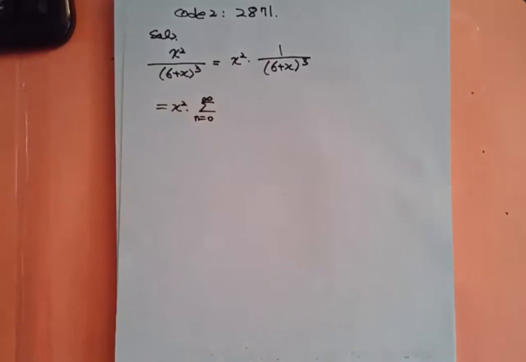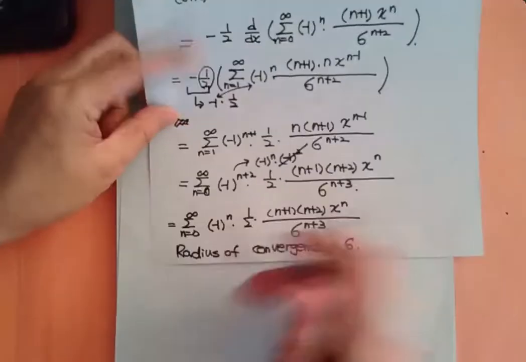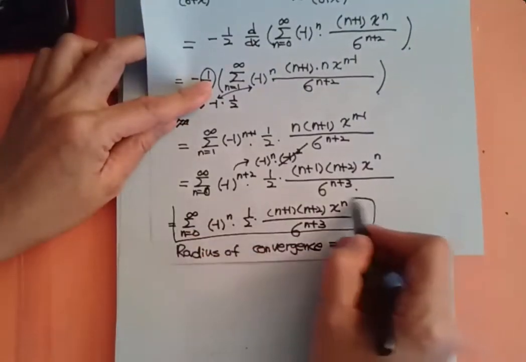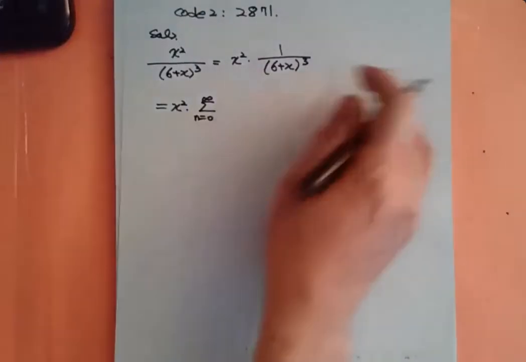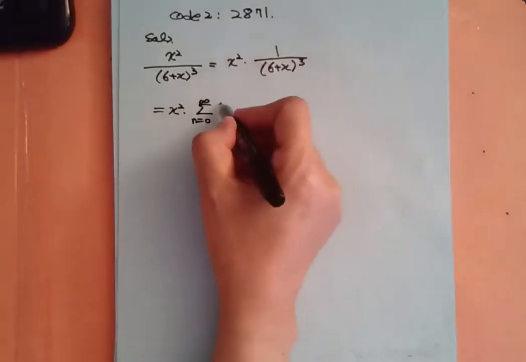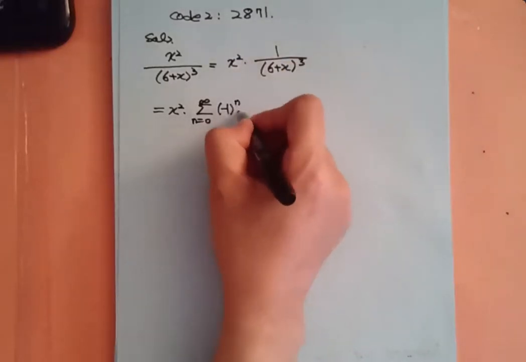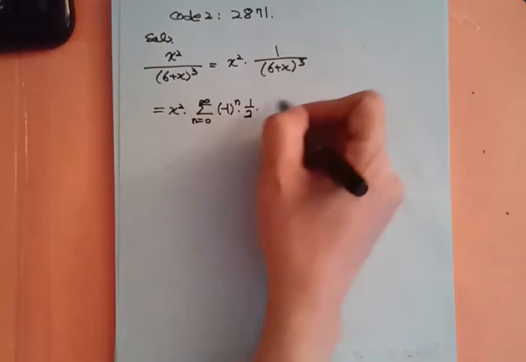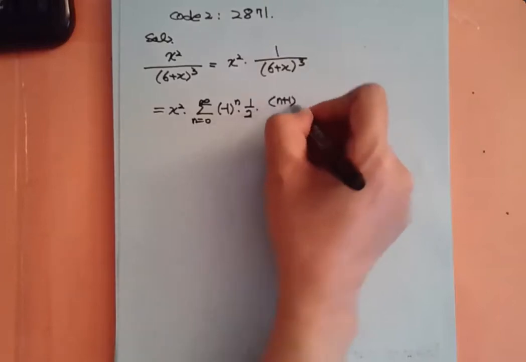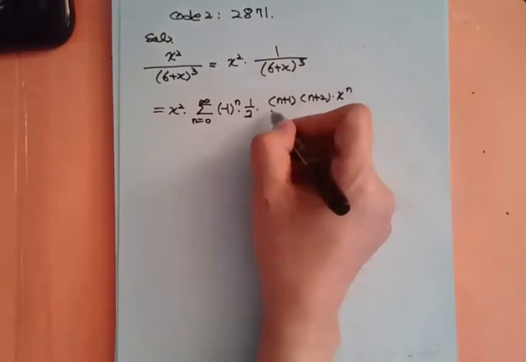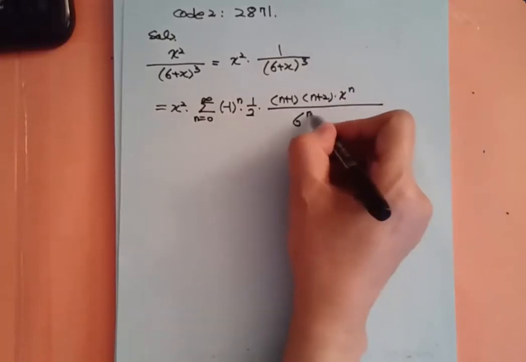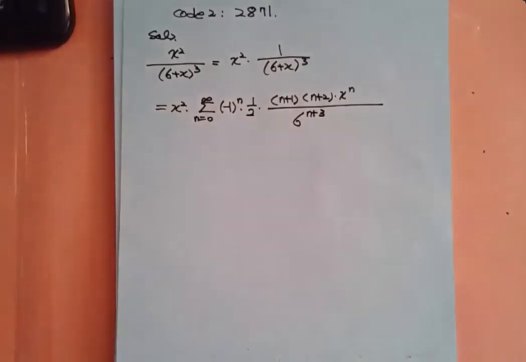We are going back to the previous problem, and we already expanded it, and we just multiply by x squared. So that is -1 to the n power times 1/2 times n plus 1 times n plus 2 times x to the n power over 6 to the n plus 3 power.